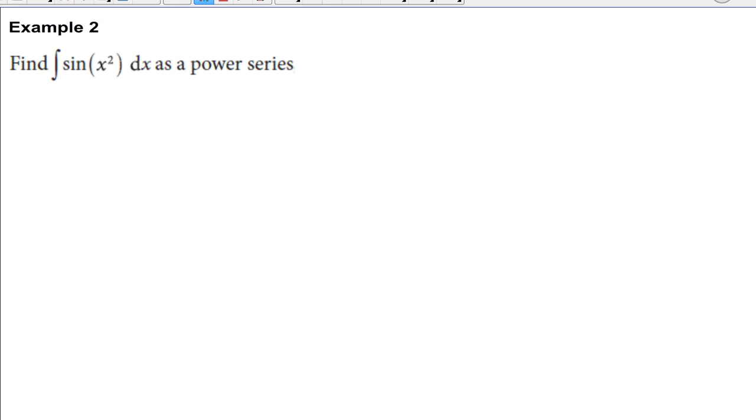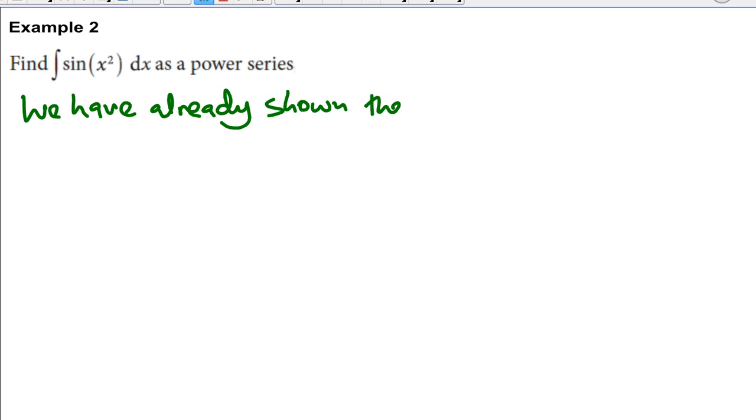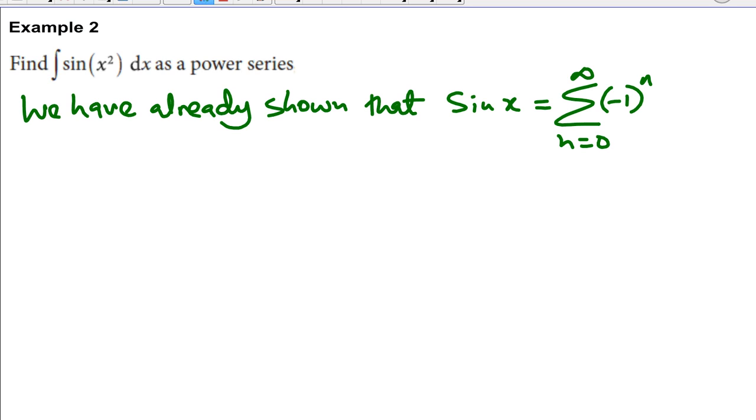In this question, we are required to find the integral of sine x squared as a power series. Now, we have already shown that sine x is equal to the sum from n equals 0 to infinity of negative 1 to the power n, x to the power 2n plus 1 over 2n plus 1 factorial.